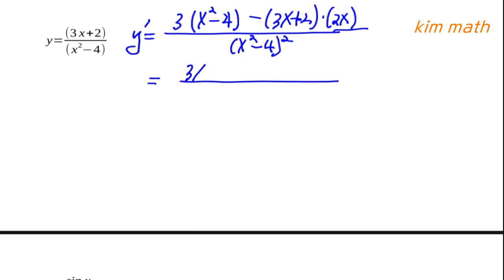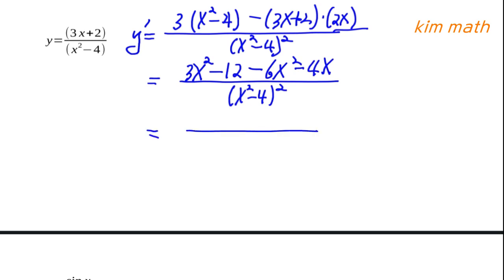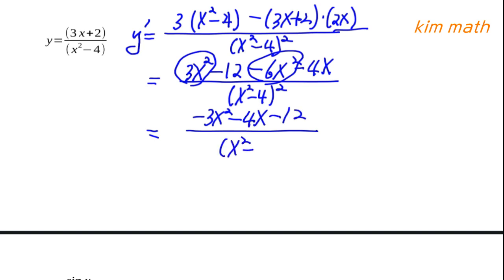So 3x squared minus 12 minus 6x squared minus 4x over x squared minus 4 squared. Top one, 3x squared minus 6x squared. So negative 3x squared minus 4x minus 12 over x squared minus 4 squared. Good.